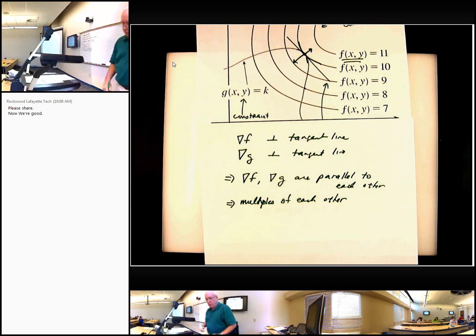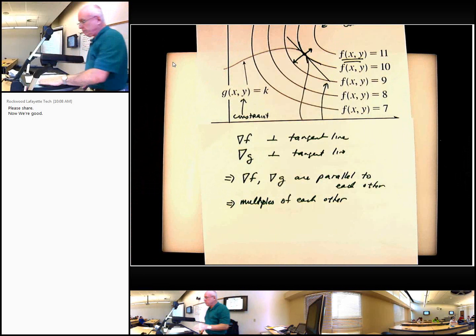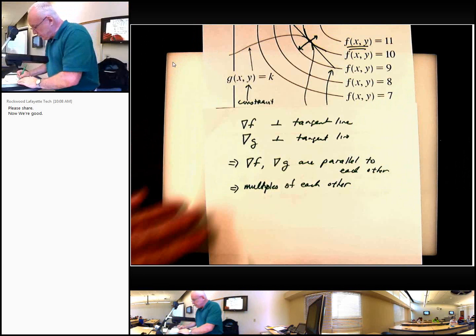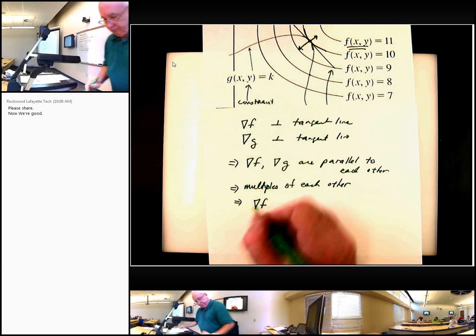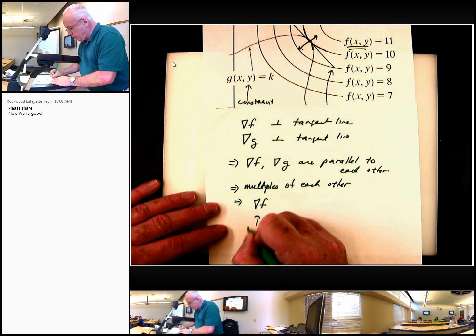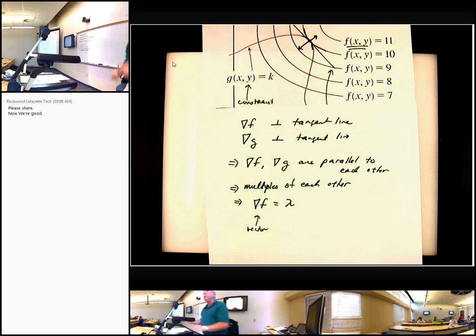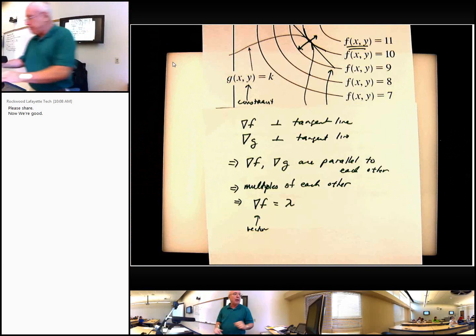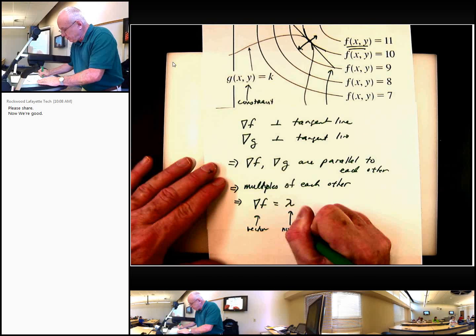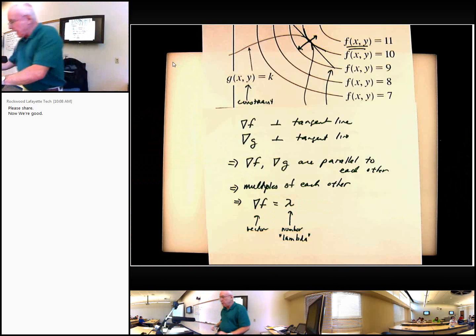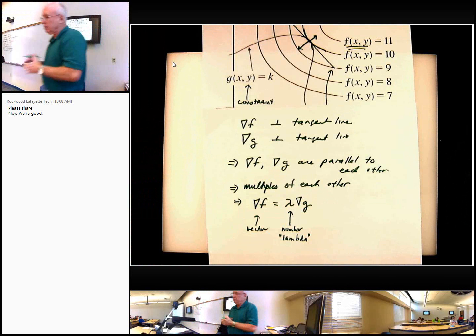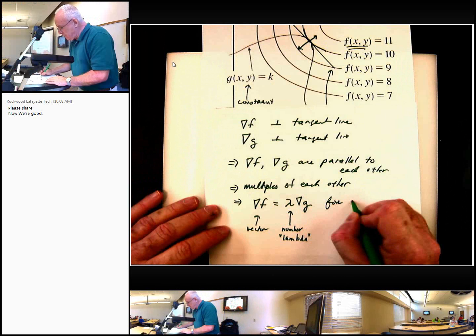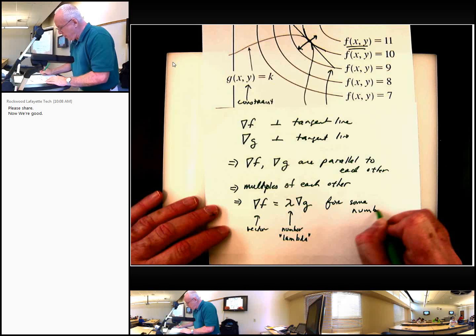So basically, this vector, the gradient of f, this is a vector, is equal to some number, and we're going to denote this number by the Greek symbol lambda, some number times the gradient of the g function, for some number lambda.